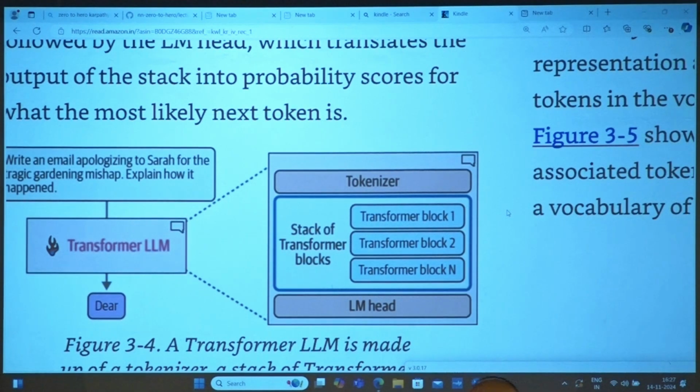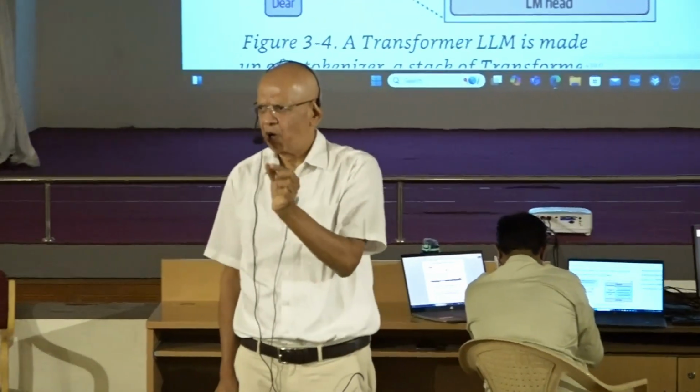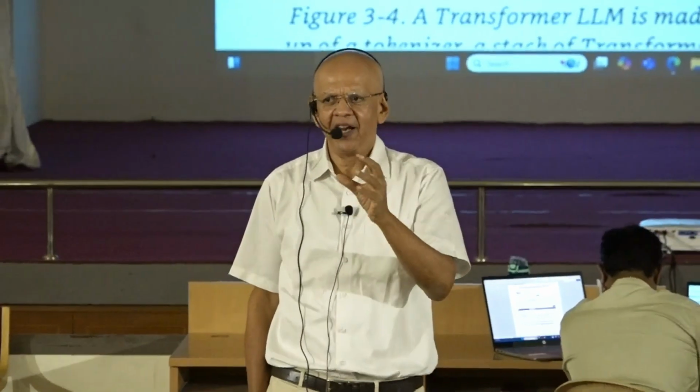The job of the LM head is to give meaning to the interpretation. And when this goes through a lot of learning, it finally learns. LM head stands for language model head, which can be taken and replaced. Most often in computer science, when you and I sit down to design transformers, we don't touch a whole lot of the transformer. We touch the last part, which is the LM head.